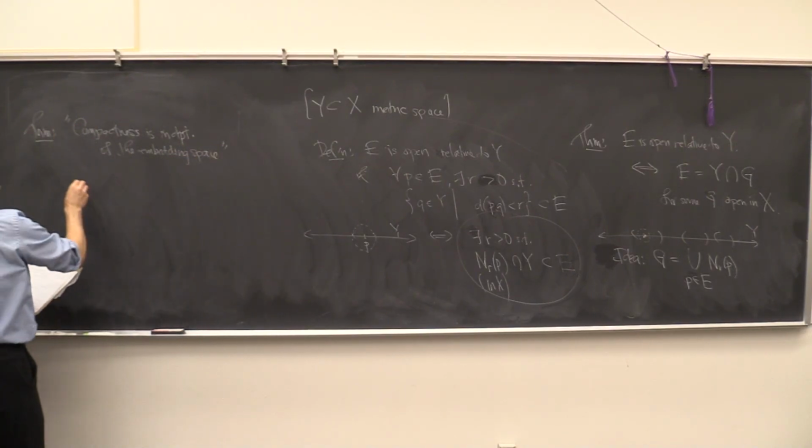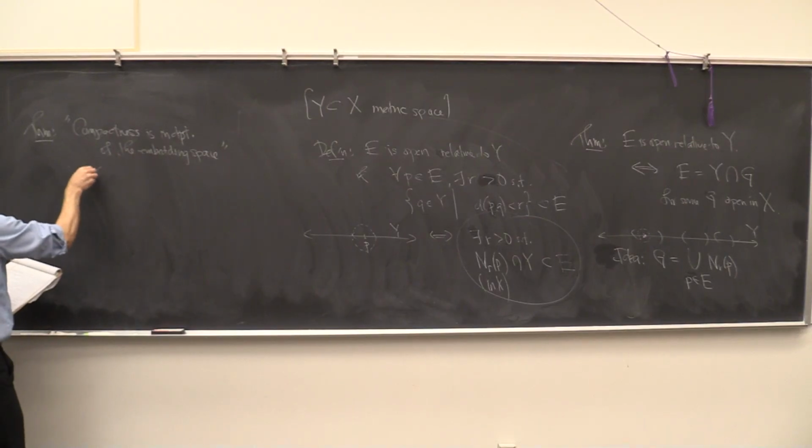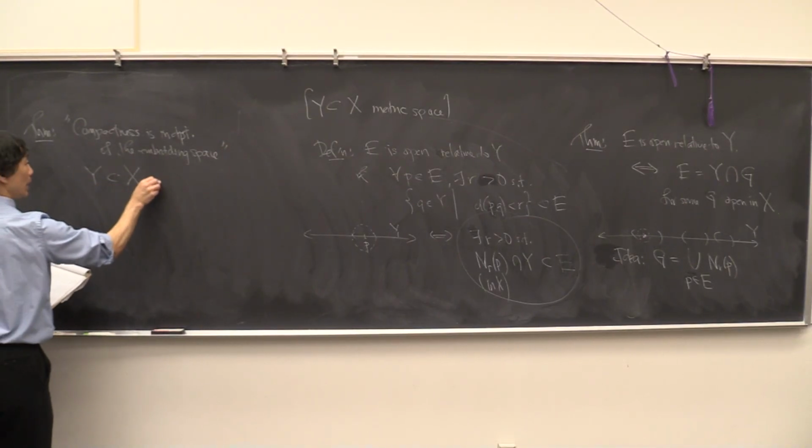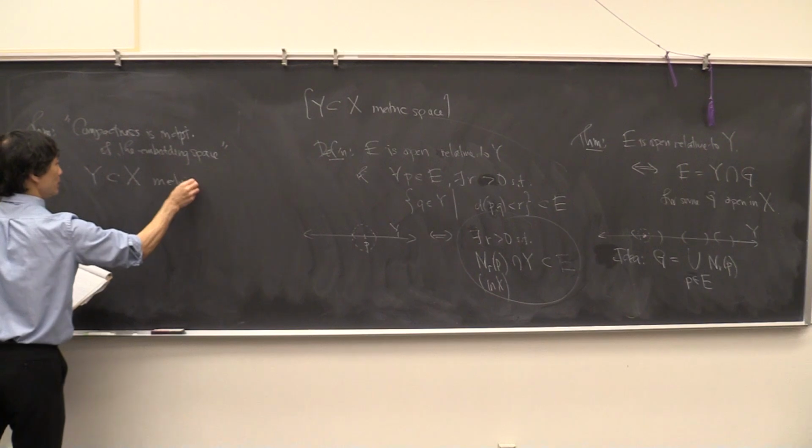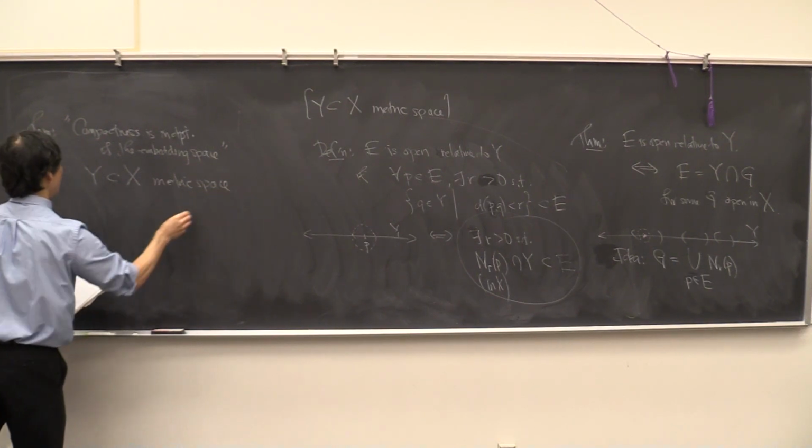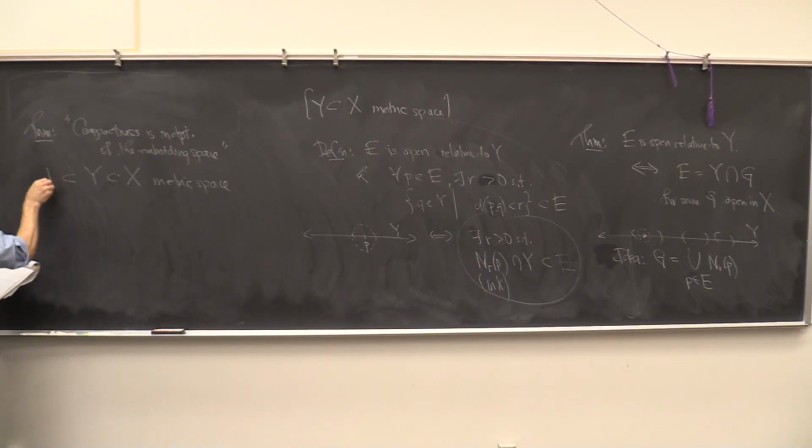The setting is this: you have some metric space X, you have some subset Y inside of it, and we have a set K sitting inside of that which is going to be compact.